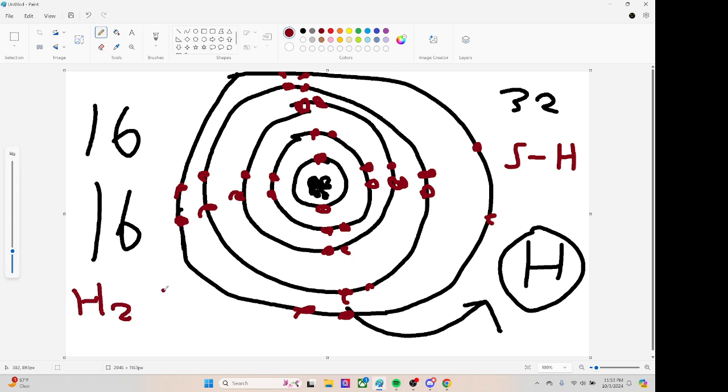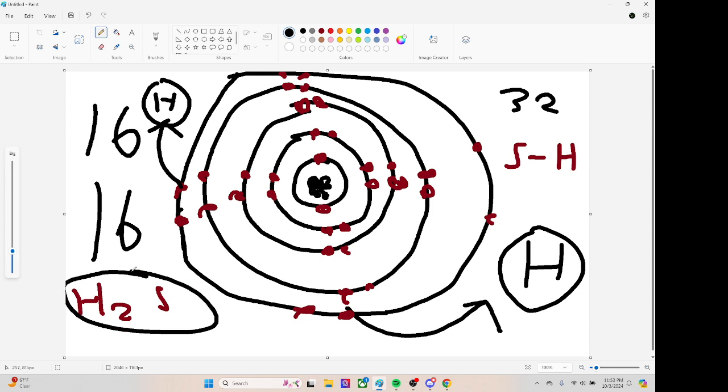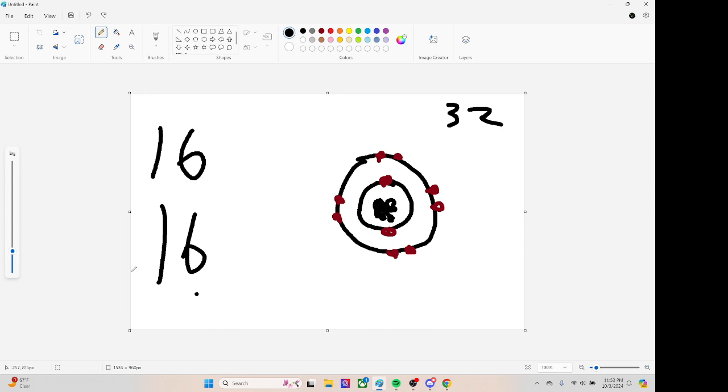Because they combine together, you need another hydrogen atom so you can share an electron, because it has to satisfy the octet rule. The outer ring always has to have 8 electrons. There are quite a bit of exceptions, like hydrogen would be an exception if it was the one being connected, but it's not in this case, so it would be H2S. We're going to talk about bonds, okay? Bonds.